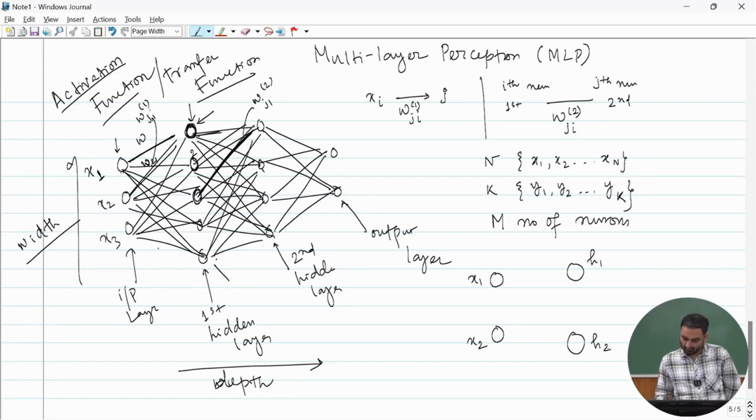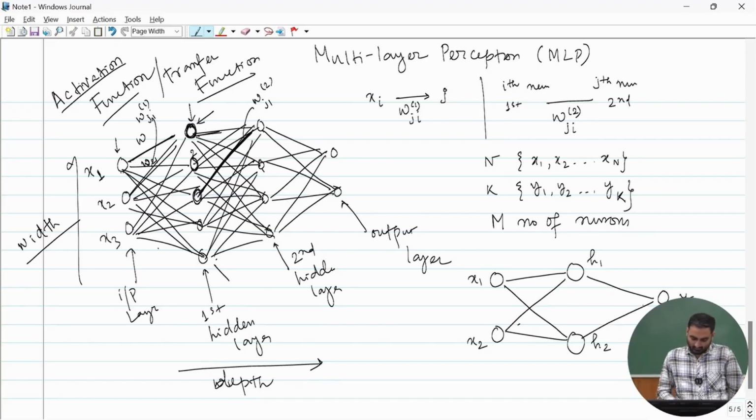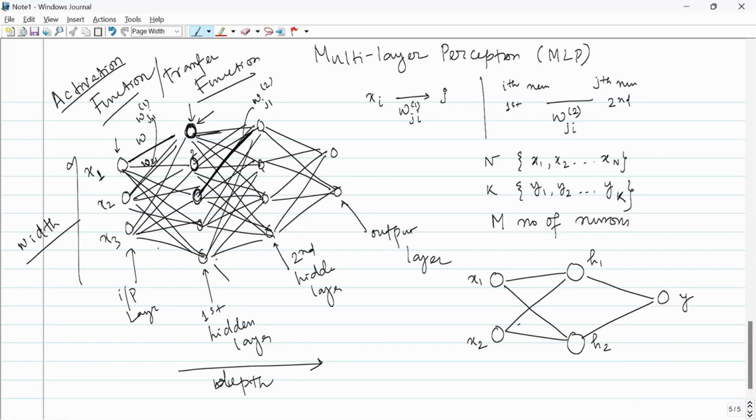Let's say there are two neurons in a hidden state, right? Okay, and one output y. Okay, so now how to calculate the weights and biases, right? We'll discuss later when we talk about backpropagation, but let us assume that the weights are as follows.